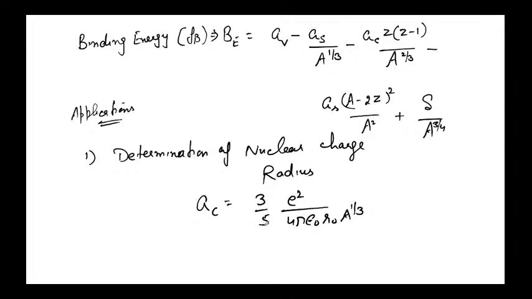If we choose this Coulomb radius, it comes out to be 0.69 MeV for a radius value of the order of 1.2 femtometer. So the value of this Coulomb energy constant is dependent upon the nuclear radius and it changes with the change in nuclear radius.